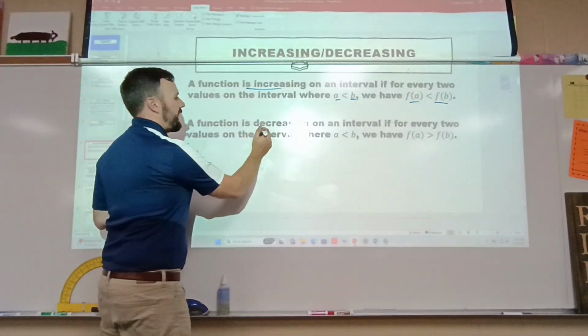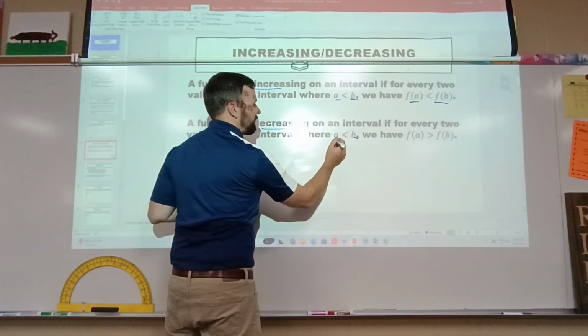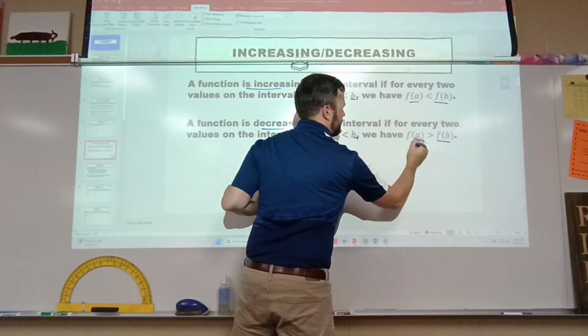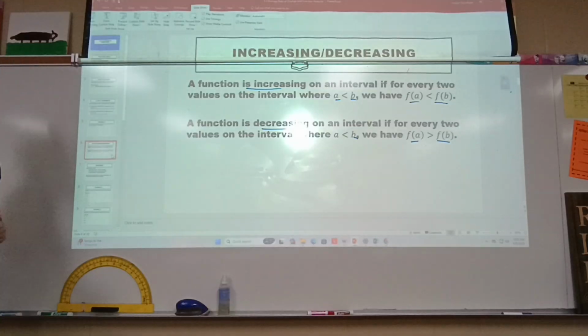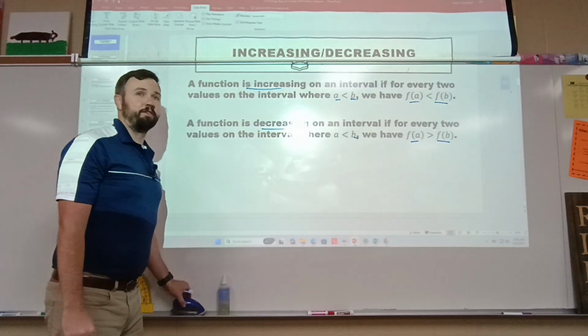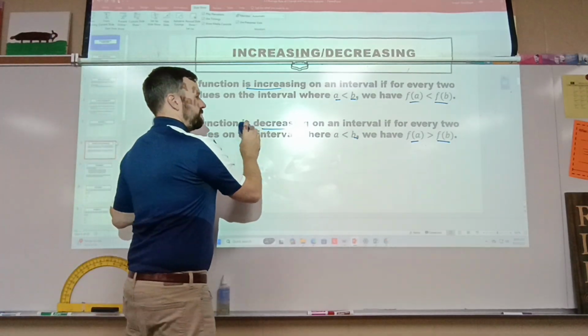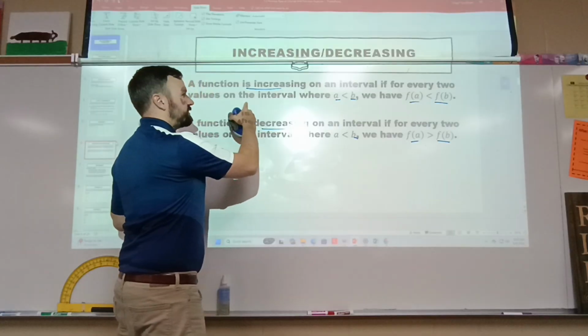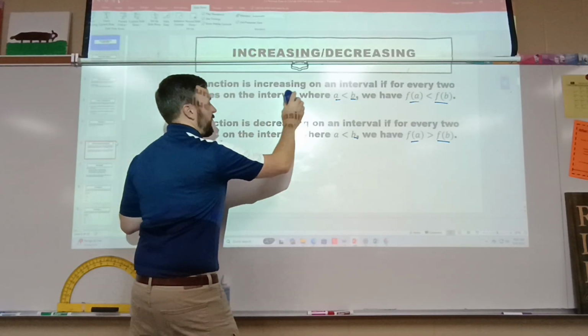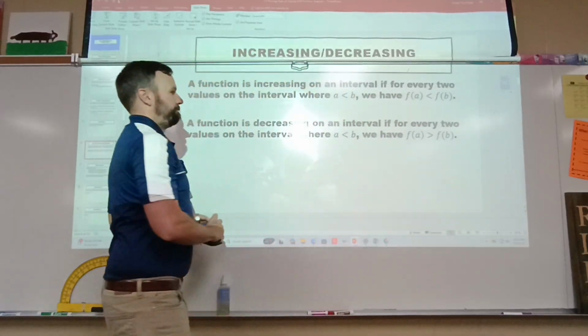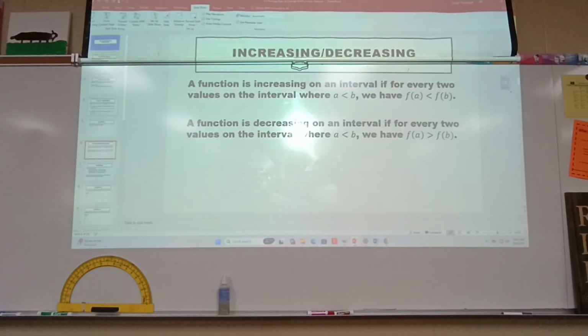And decreasing is the opposite. If B is bigger than A, then it should go down. Again, not going to make you memorize it. If you want to go through more theory, you can watch the other video posted. If you move onward in math, you'll see this a lot, and you will have to know it a little bit more.